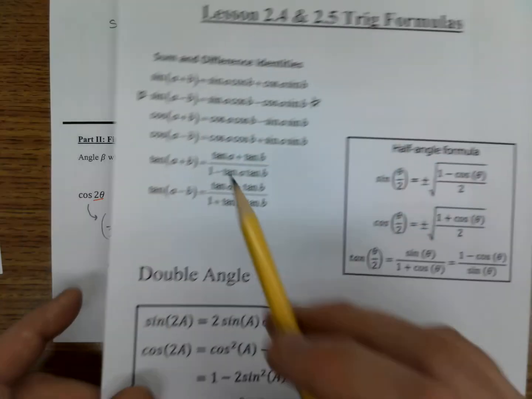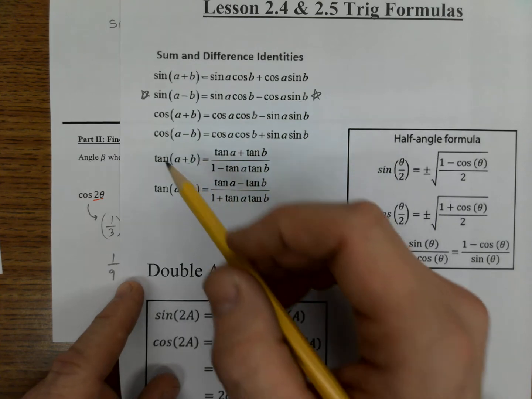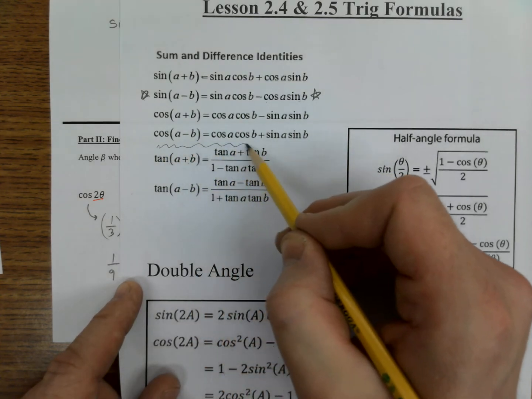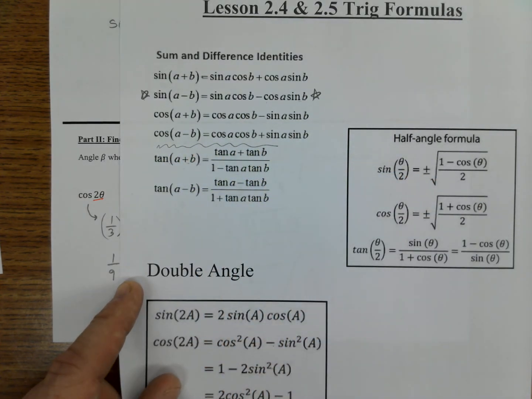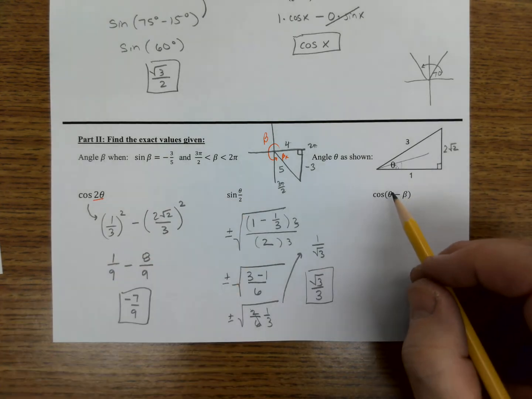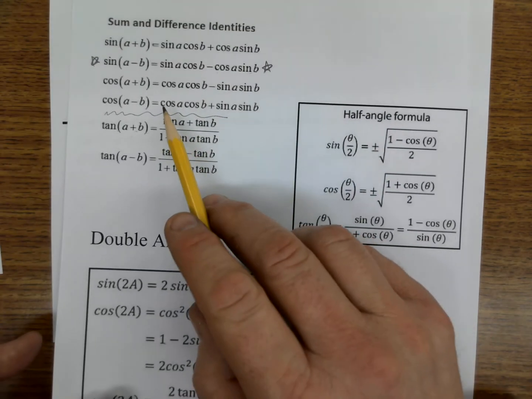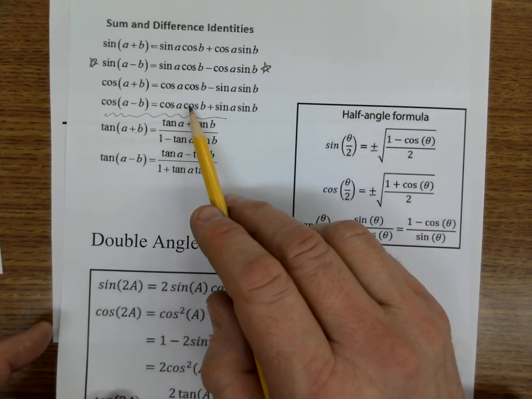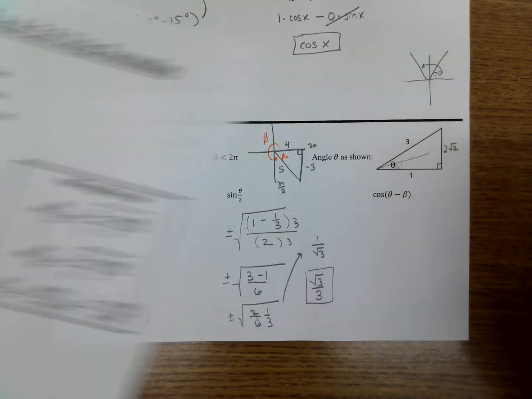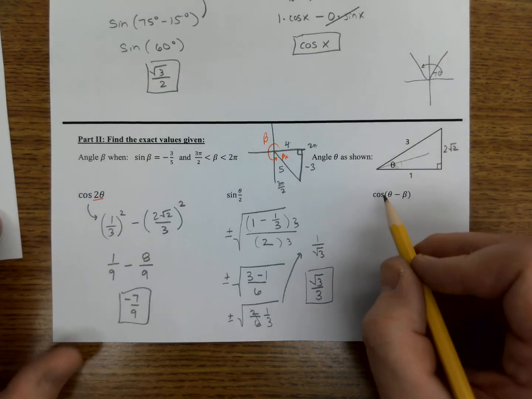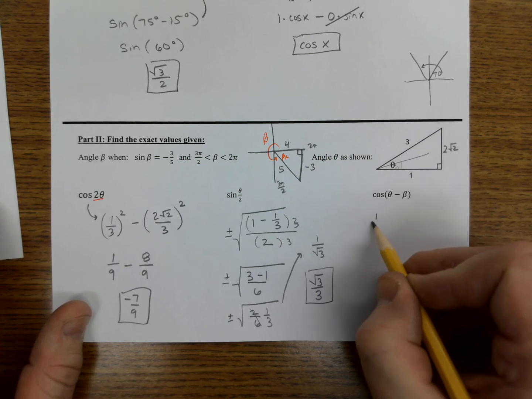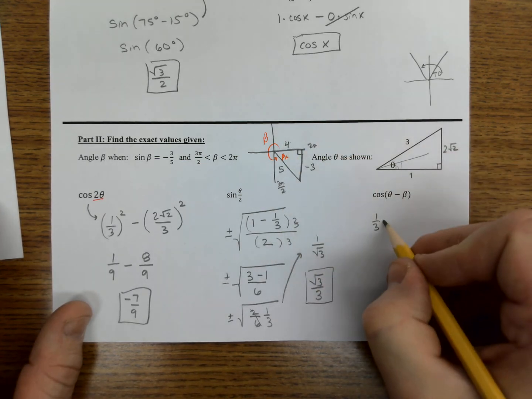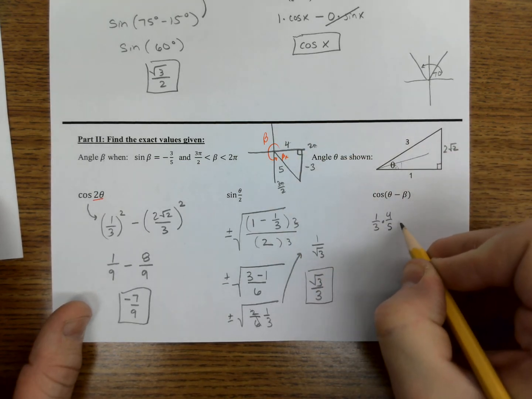And the last one, the cosine of this one minus this one. Well, we have to use this formula here. We're going to go through and use these ones here. So let's do all of these parts here. Cosine, cosine, plus sine, sine. All right, so cosine here, 1/3, cosine here, 4/5.